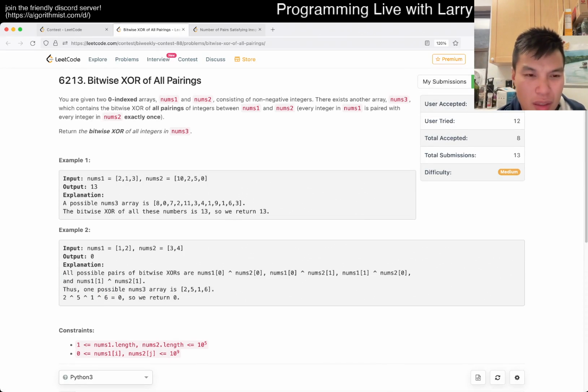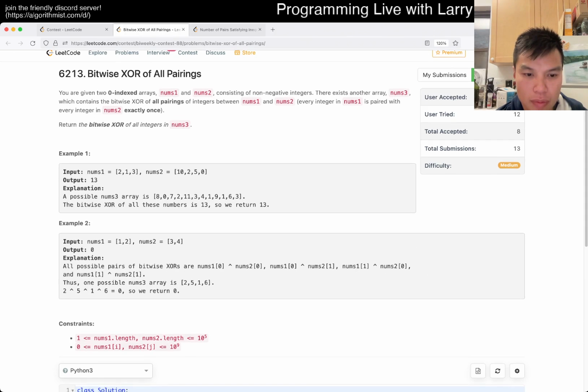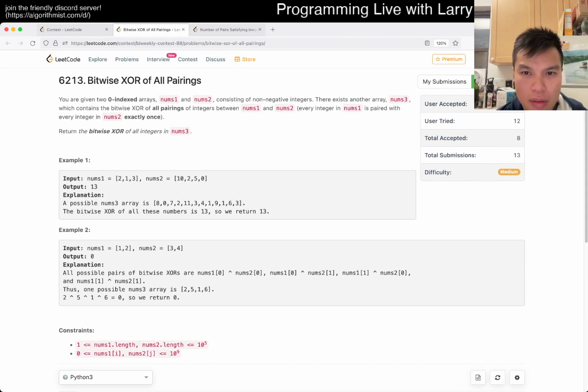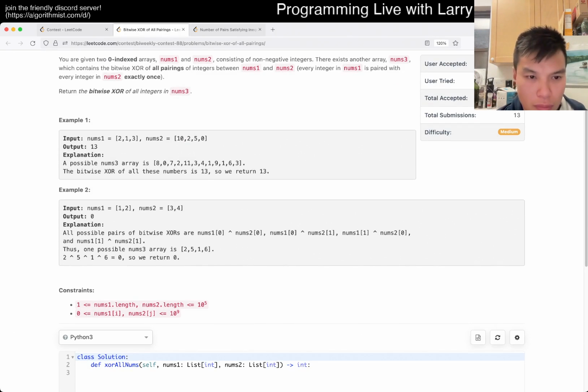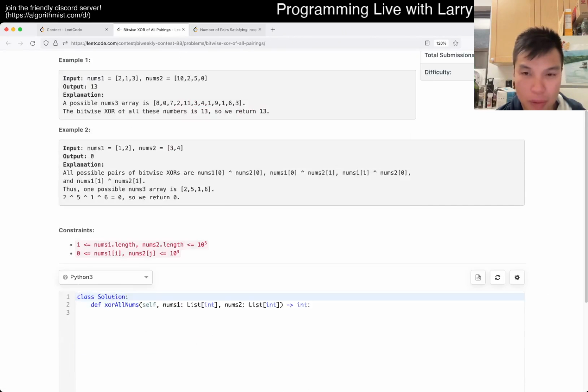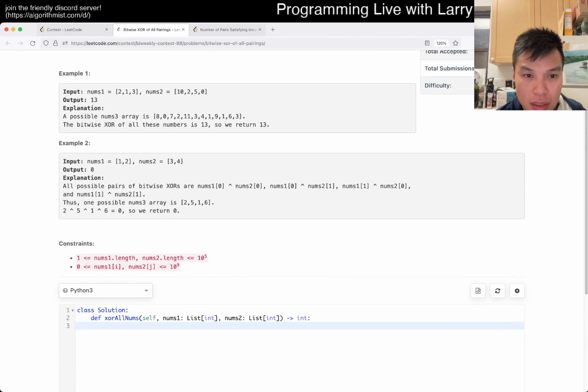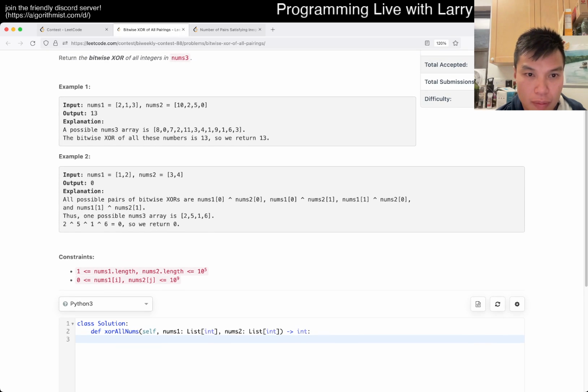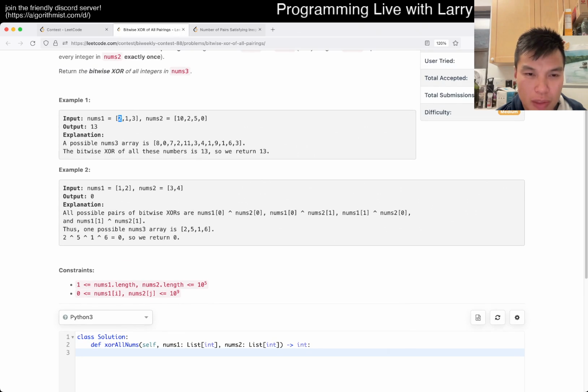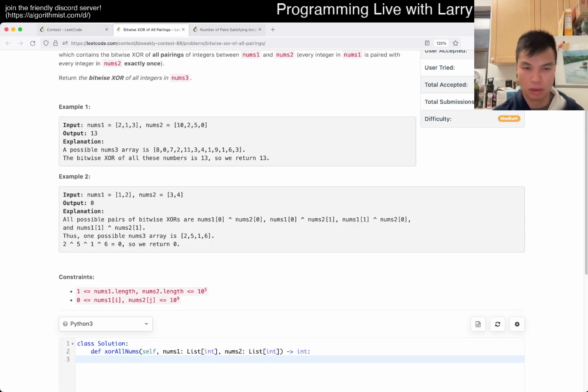A silly mistake. Bitwise XOR of all numbers, what? Some people are very good and smart and stuff like this, but I am not. Basically, this number will be XORed 4 times. So then, let's see, right?